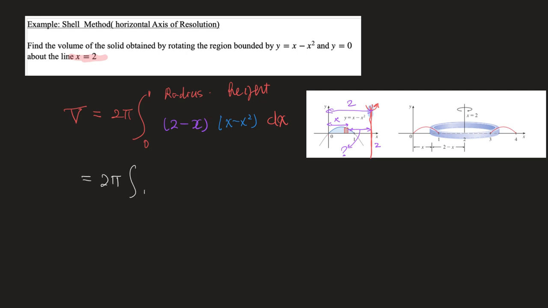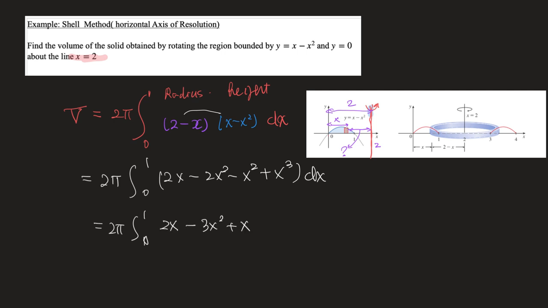2 pi, integral from 0 to 1, distribute: 2x squared minus x squared plus x cubed dx. So 2 pi, integral from 0 to 1 of 2x minus 3x squared plus x cubed dx. It's a polynomial, very easy, right, guys?